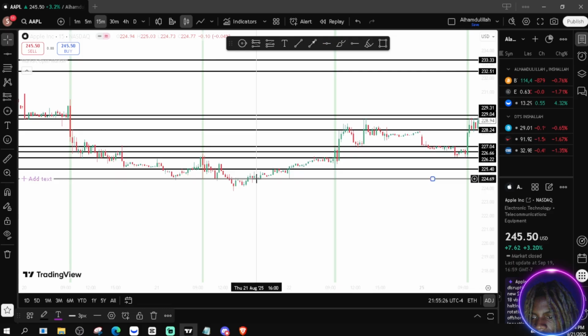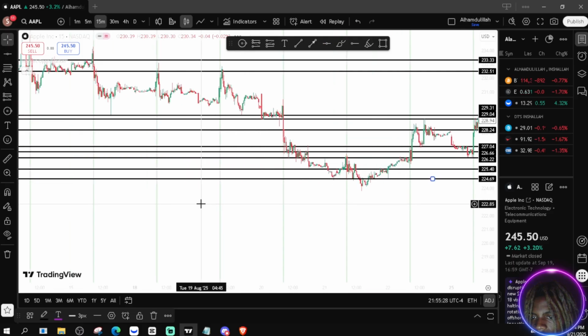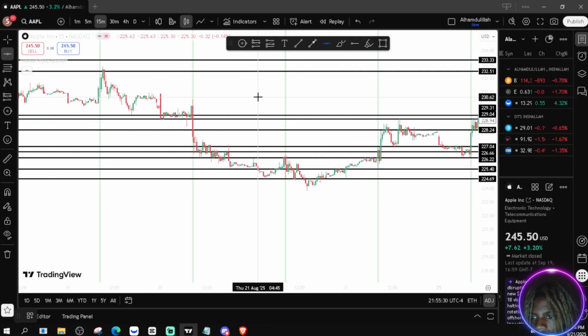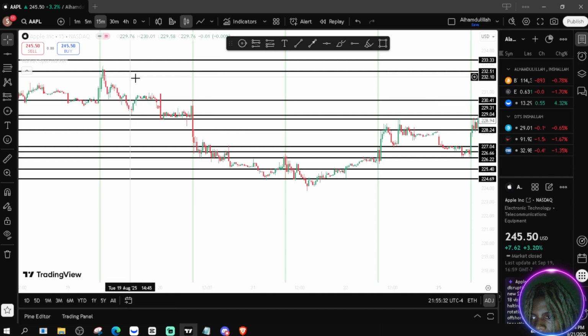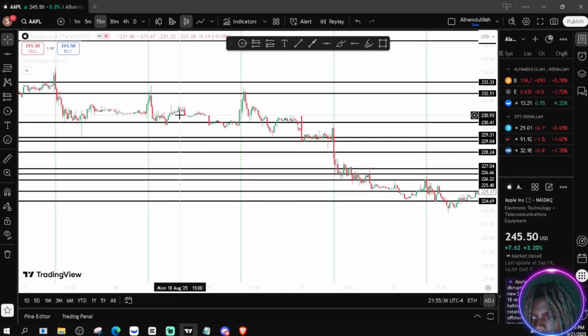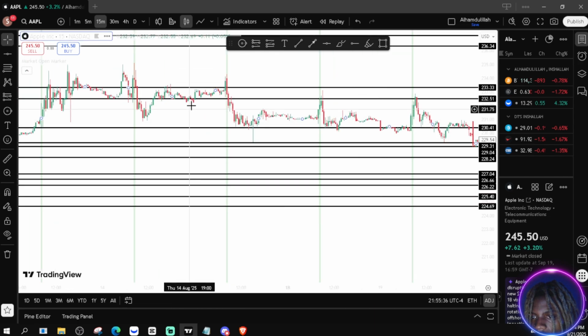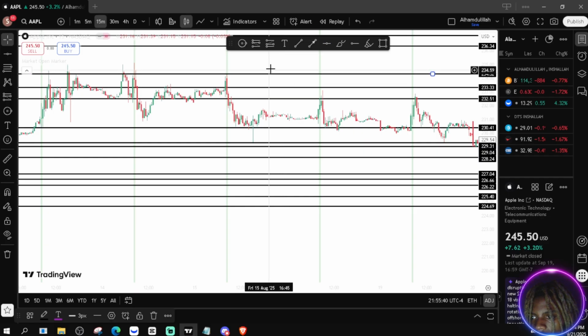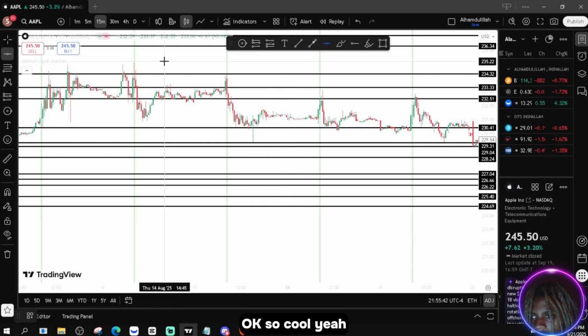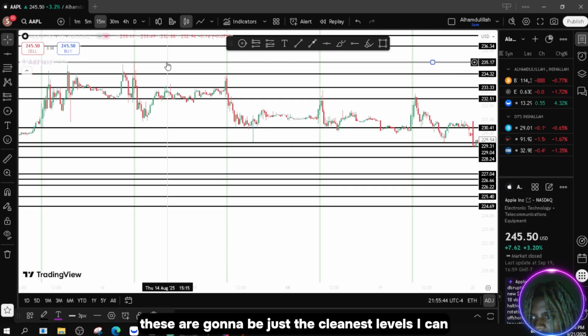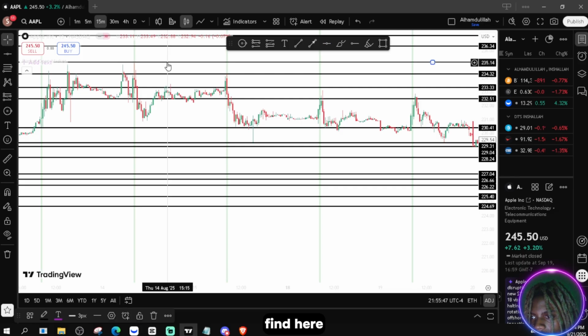Potentially right here. Okay, right here. Okay, so cool. Yeah, these are going to be just the cleanest levels I can find here.